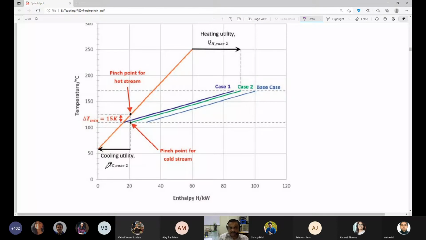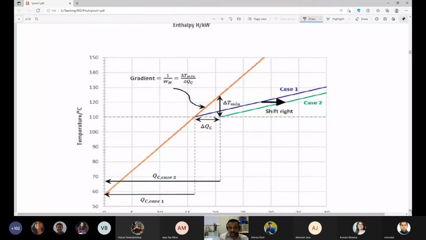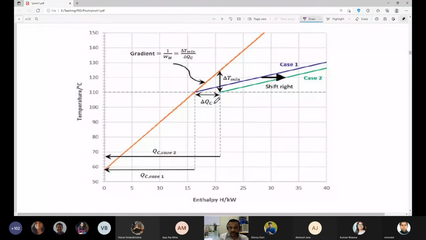And what we see from this curve is that this reduction in QH and QC is this delta QC, the reduction by shifting from case 2 to case 1. Let us say you shift from case 1 to case 2.